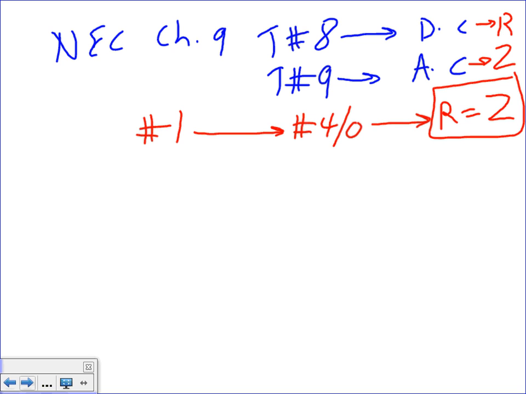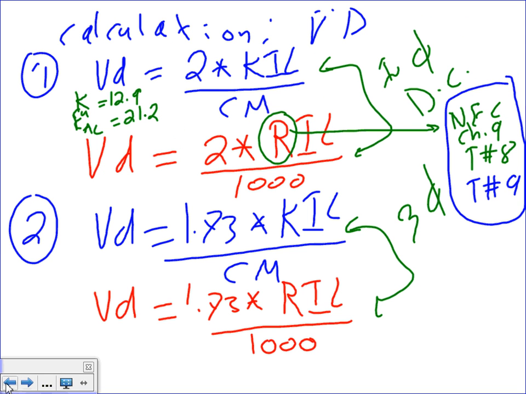Let me go back. There you go. So on your Red 1, should that be R times L divided by CM times 1,000 or just divided by 1,000?